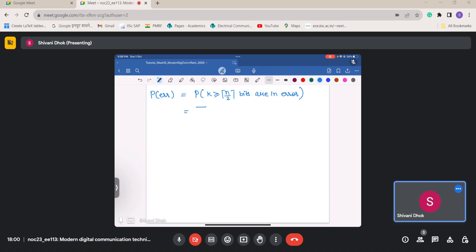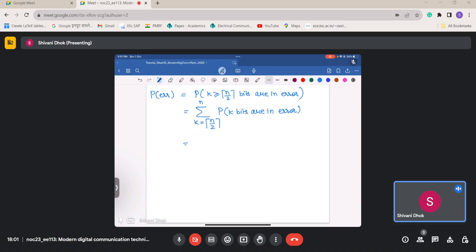So these are simply a summation over k equal to ceil of n by 2 to n of the probability that k bits are in error.